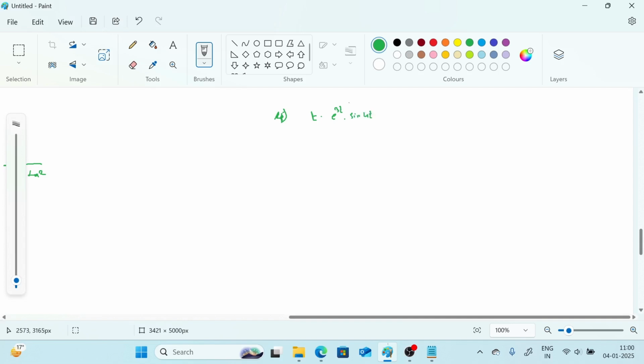Okay, let me write it down clearly. t e raised to 3t sine 4t.